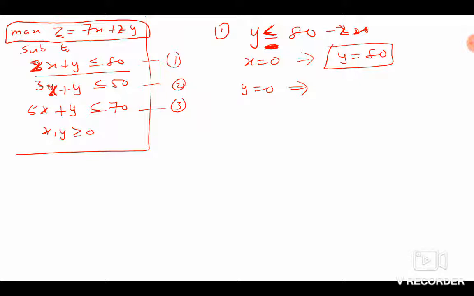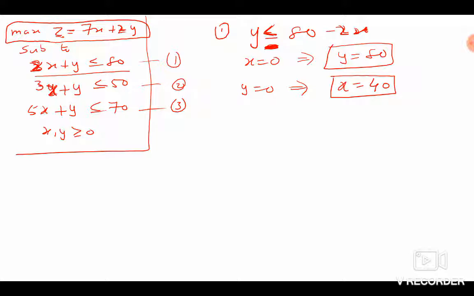Y is 0, so negative 80 divided by, so it will be 40. X is 40. So x intercept is 40, y intercept is 80.